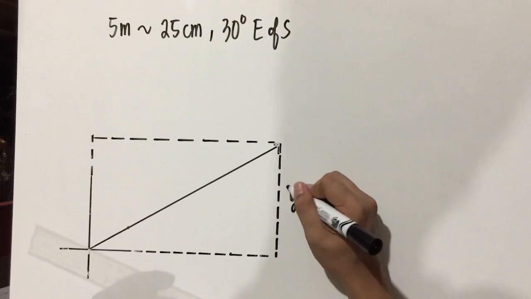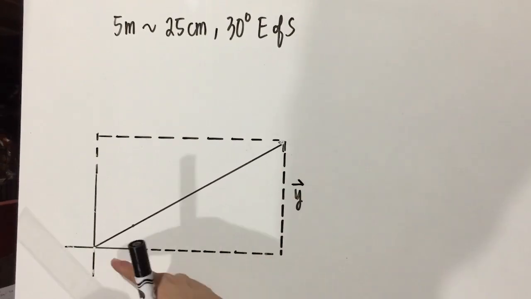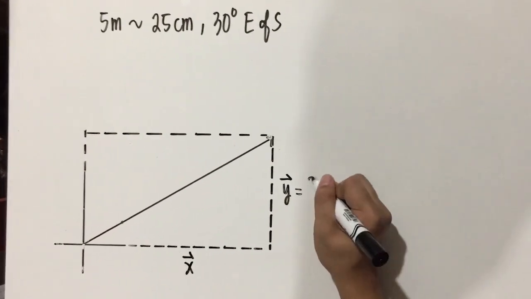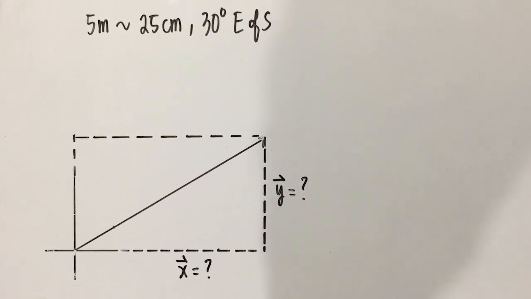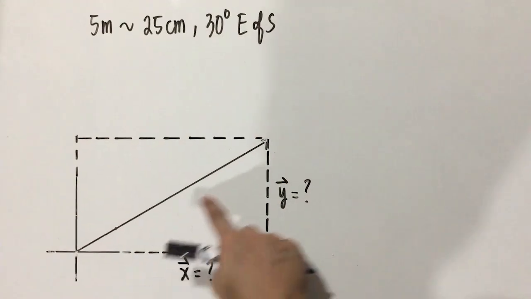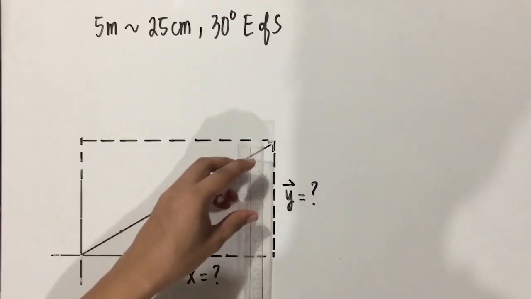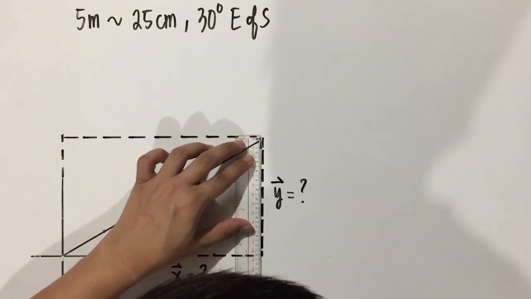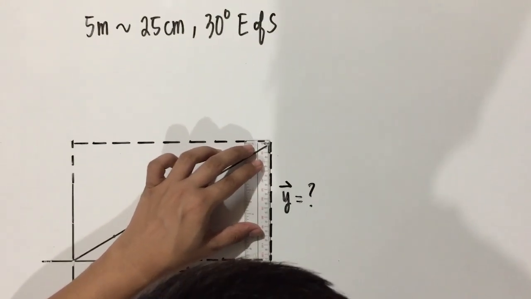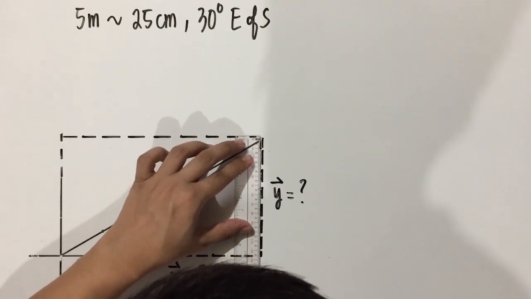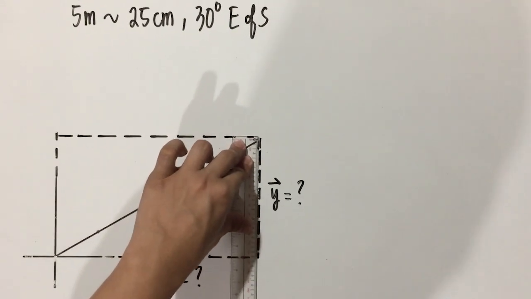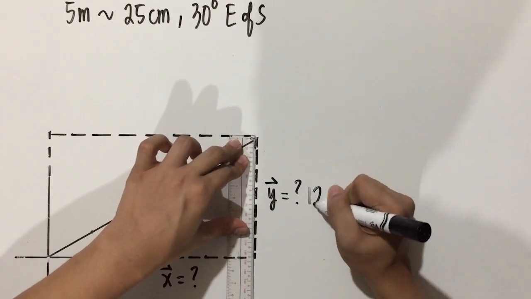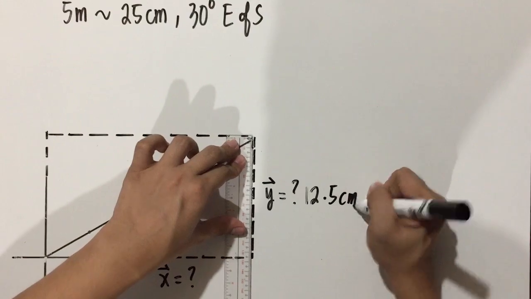Okay, so for the y, we label that as y, and that part we label as x. We don't know exactly the value of it. That's the reason why we have to measure it using a ruler. So for the y, be mindful of measuring it. We have 12.5 centimeters.